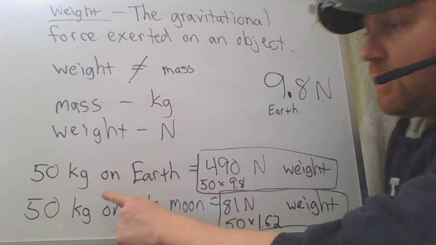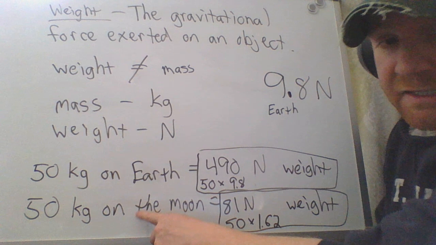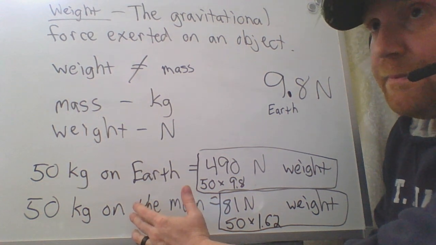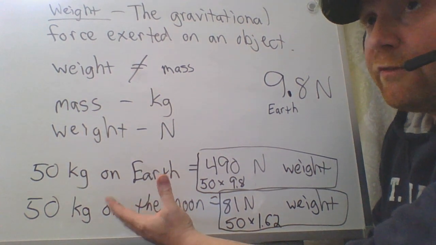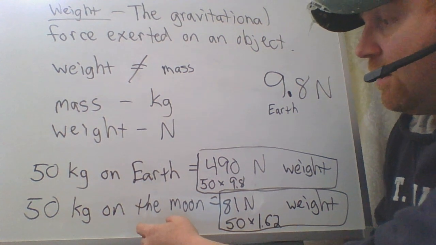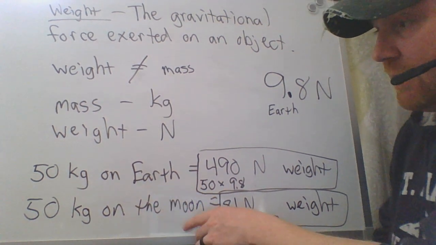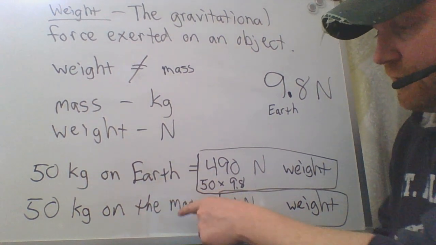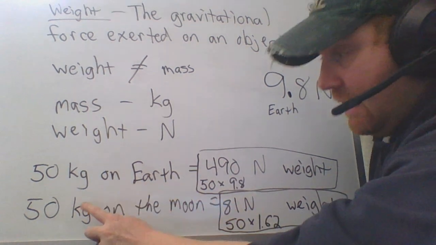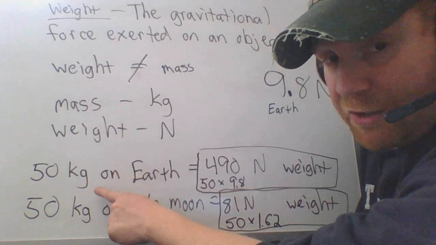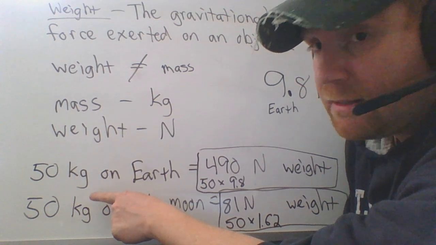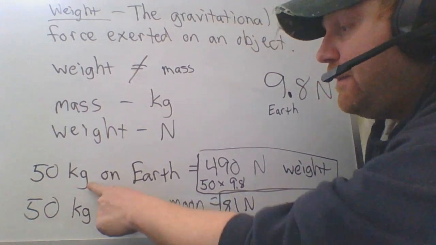So here's an example of what would happen to our weight based on where we are. I have an example here of the Earth versus the Moon. By the way, the average human has a mass, not a weight, a mass of 50 kilograms.